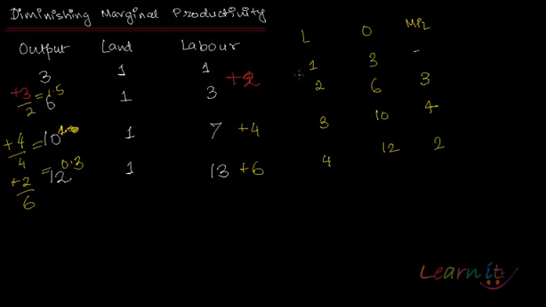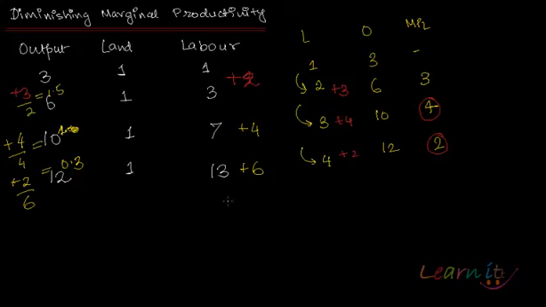Here each additional unit of labor is adding this much. In the first case it added 3 units. When one more unit of labor is added, it increased the output by 4. When 1 more unit of labor is added, it increased the output by 2.